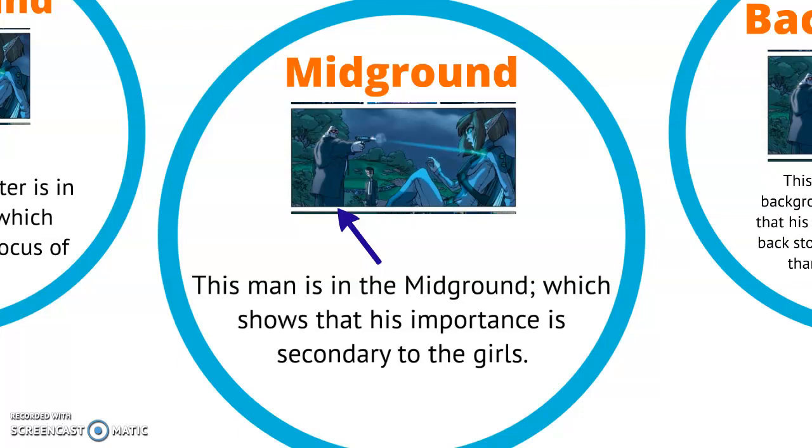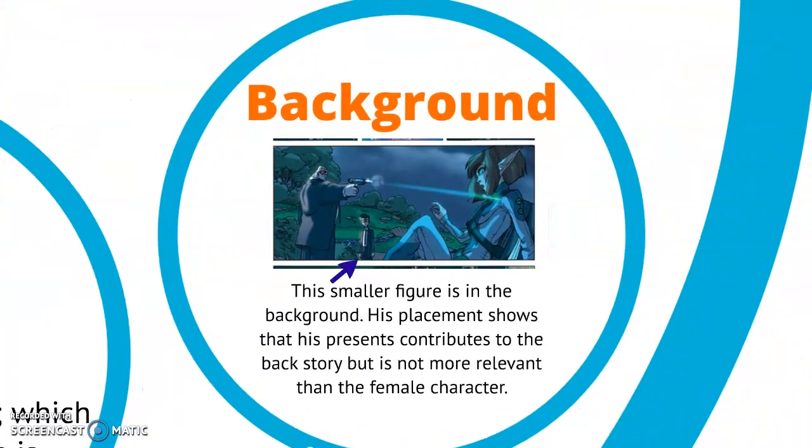So she's in the foreground, he's in the midground, and we've got background. A smaller figure is in the background, okay? His placement shows that his presence contributes to the backstory, but is not the most relevant, because right now, this picture shows the relevant thing going on is this young lady being shot, or at least being pointed at with a gun.